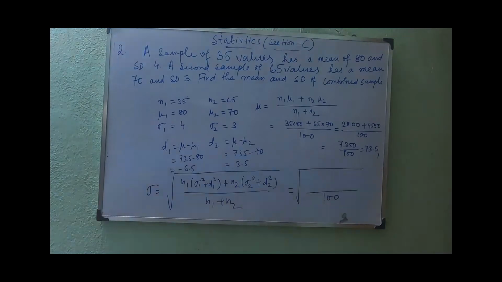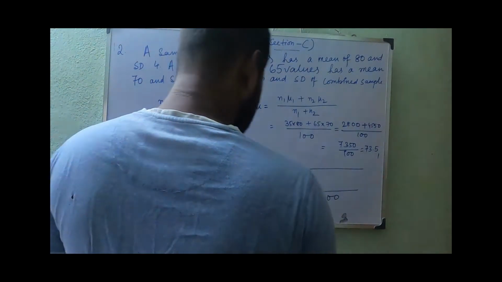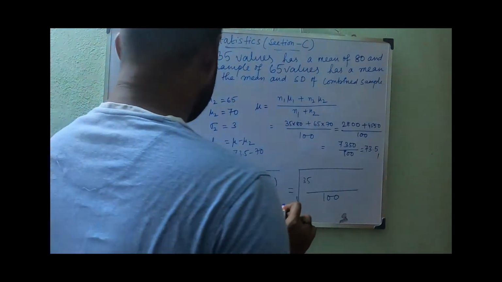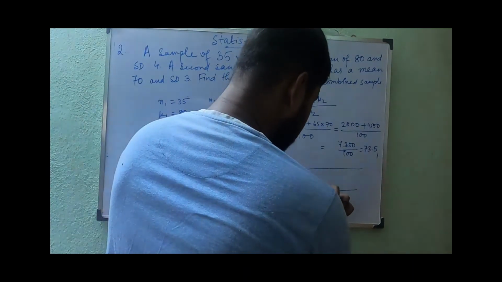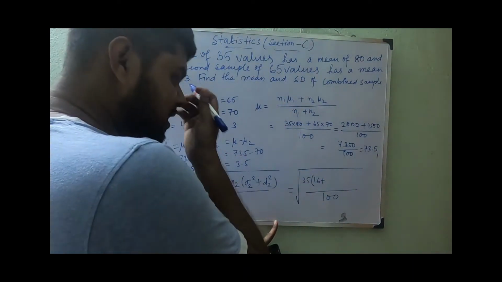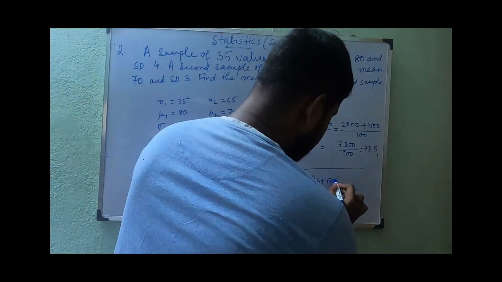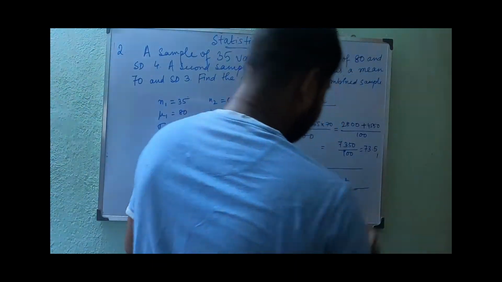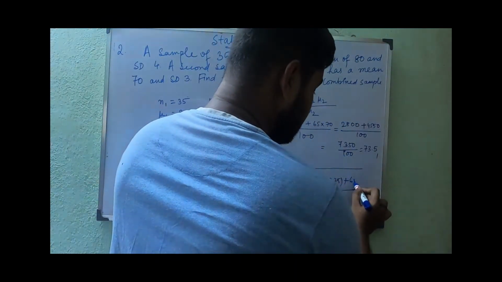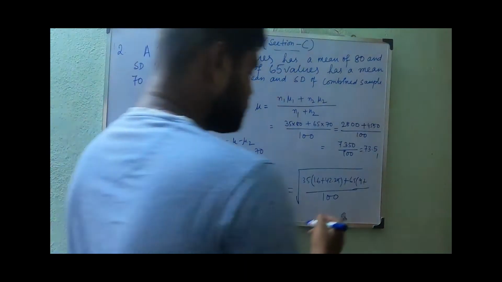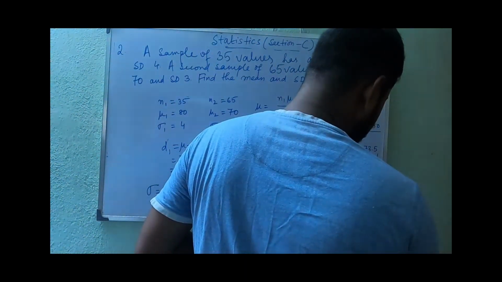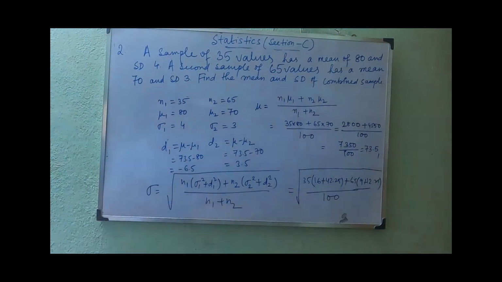So this is n1, n1 is 35 times sigma 1 square that is 16 plus minus 6.5 squared, so that is 42.25, plus 65 into sigma 2 square, that is 9, plus 3.5 square, so that is 12.25, and all you need to do is go on doing the calculation to find the answer.